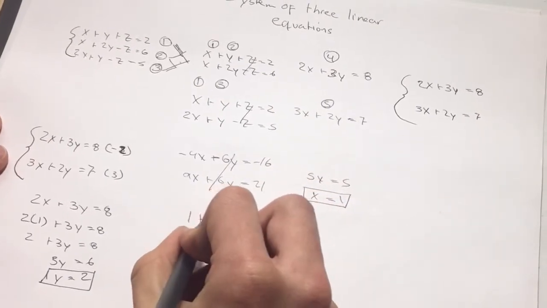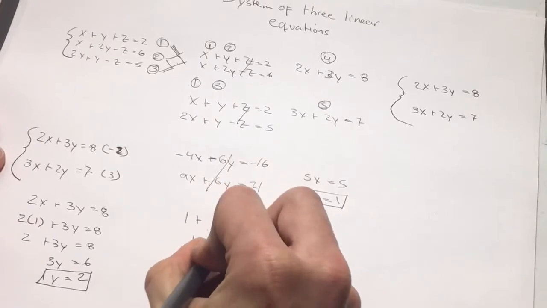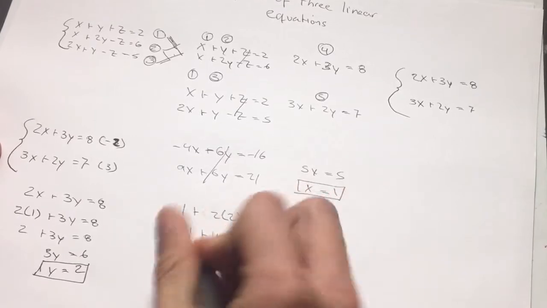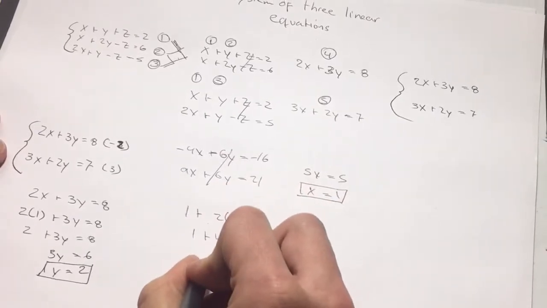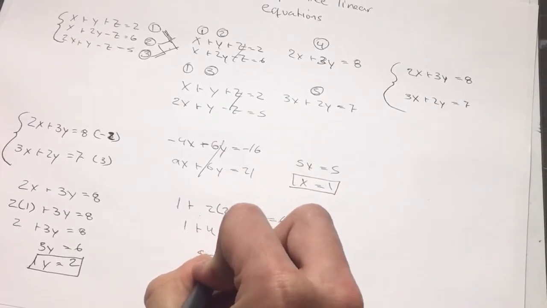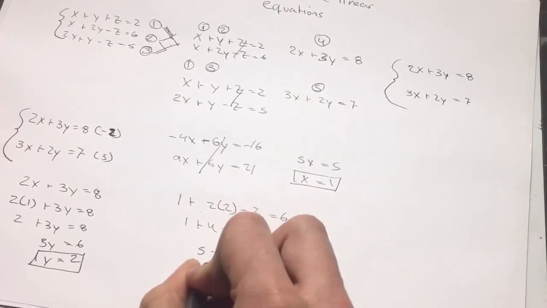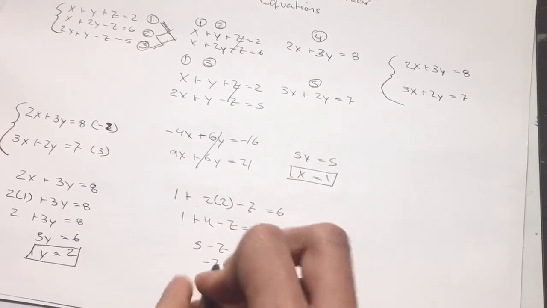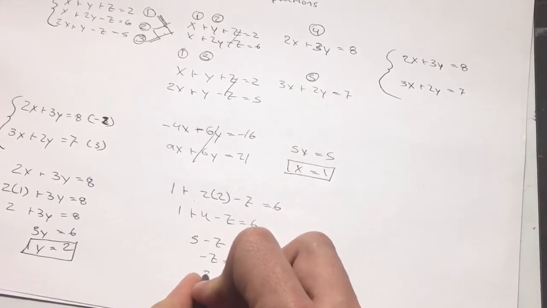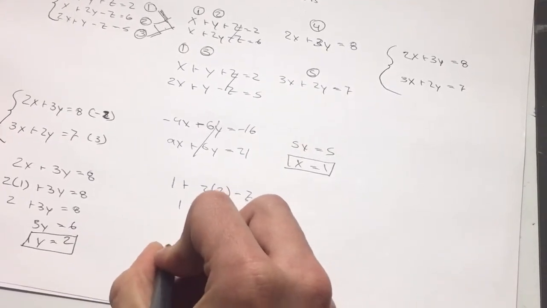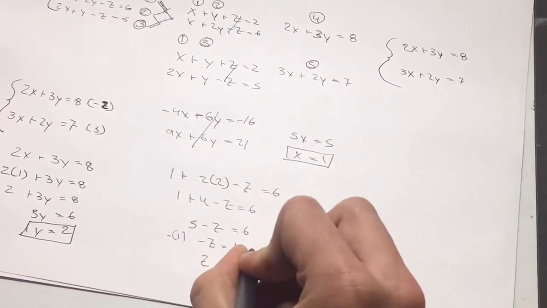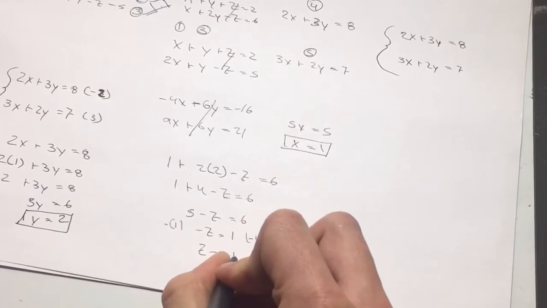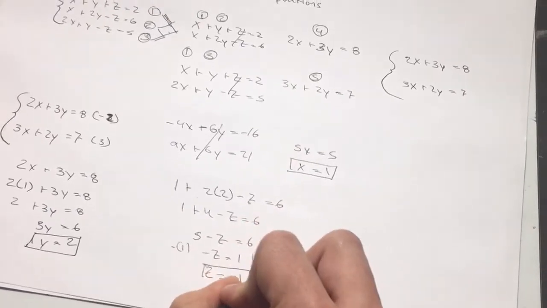So we have 1 plus 4 minus z is equal to 6. We have 5 minus z is equal to 6. Minus z is equal to 1. So we multiply everything by a minus 1, and we know z is equal to negative 1.